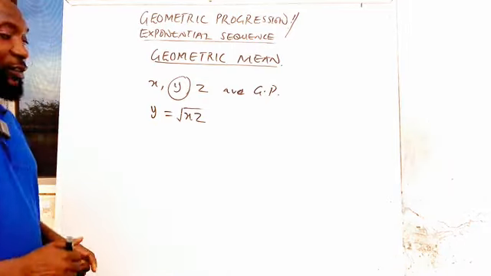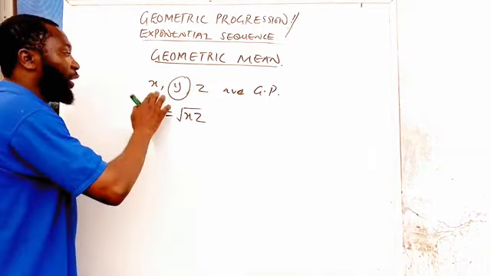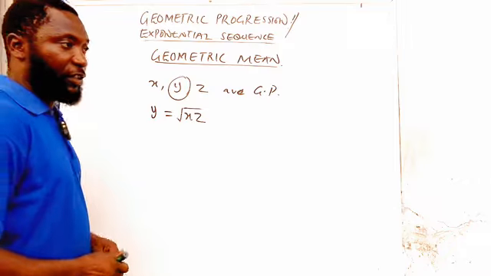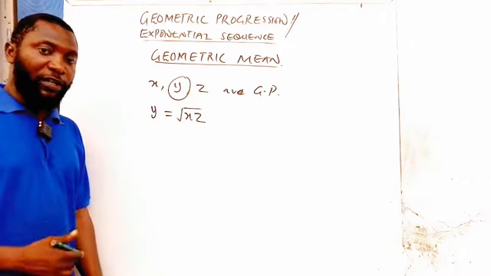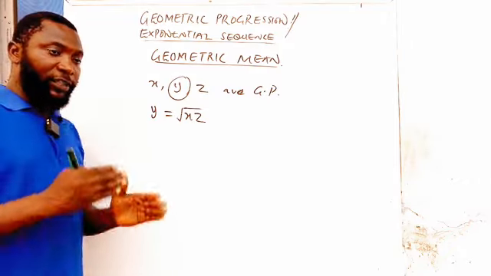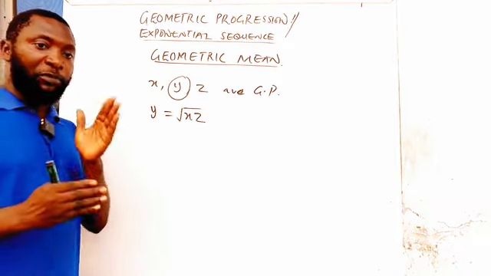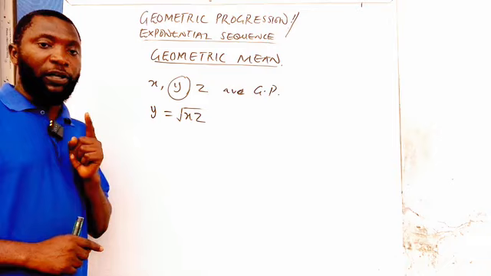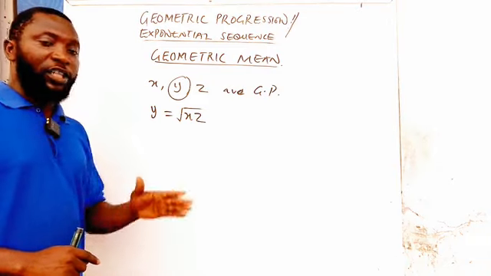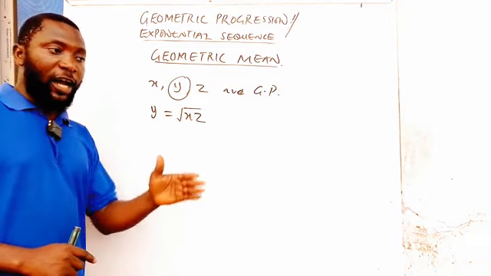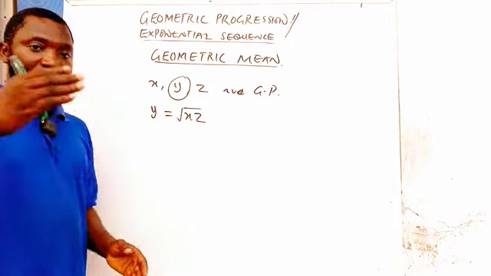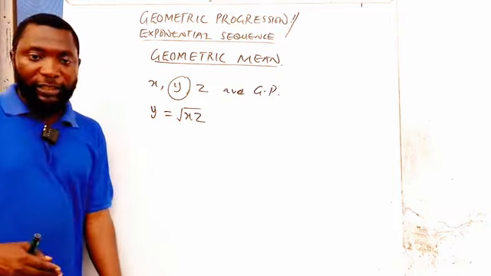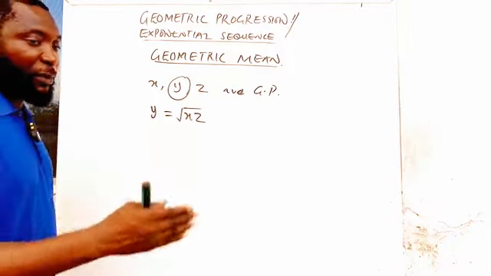So how do we go about this? Since we say x, y, z are GP, and when we are talking about GP, we are talking about generating a sequence by multiplication of a number which we call a common ratio. It may be a fraction and it may be a whole number. You may multiply to get the next term, or you may divide by that common ratio.